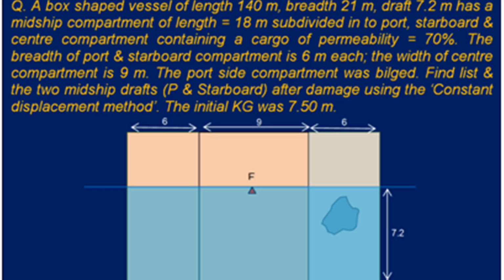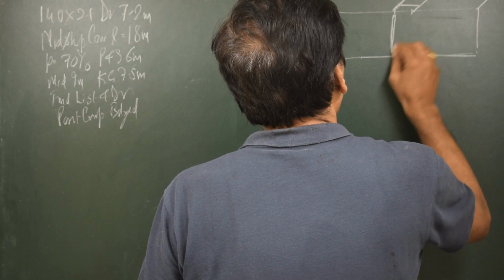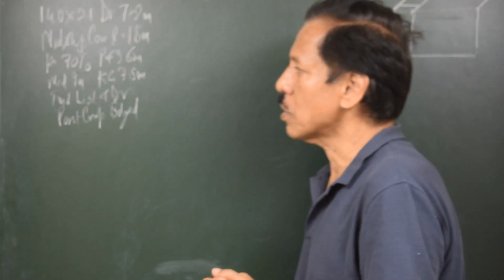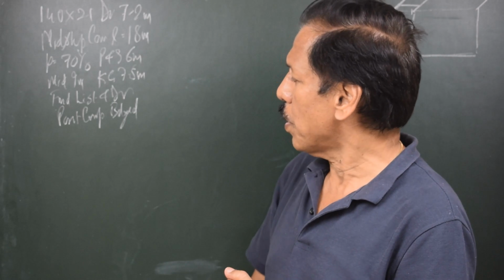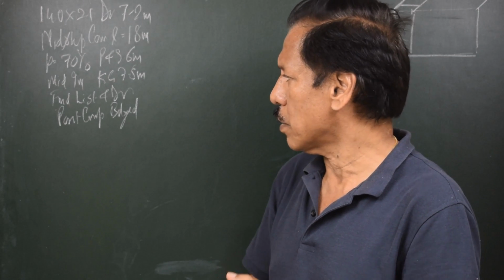It has a midship compartment of length 18 meters, which is further divided longitudinally into port, starboard and center compartments. Port and starboard compartments are 6 meters in breadth and the middle compartment is 9 meters.